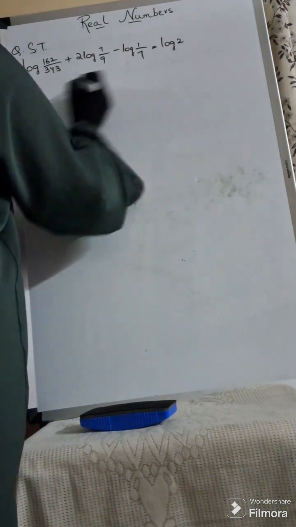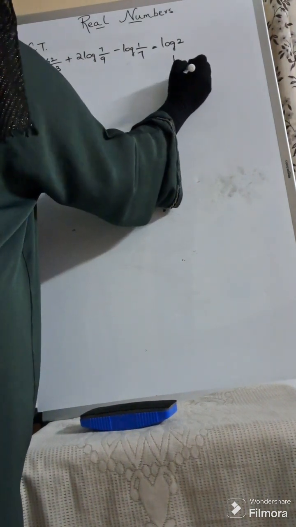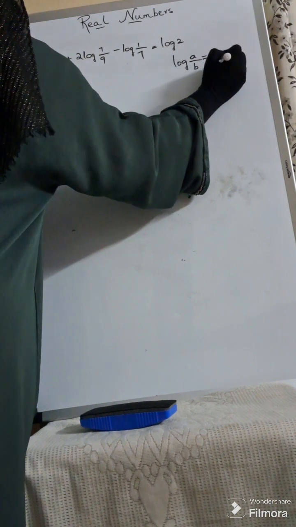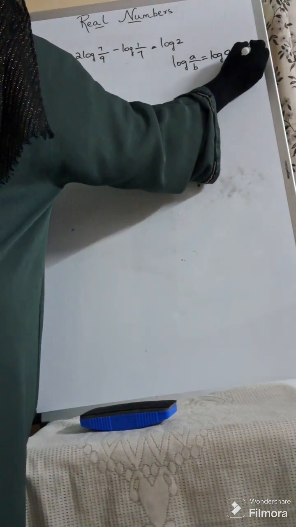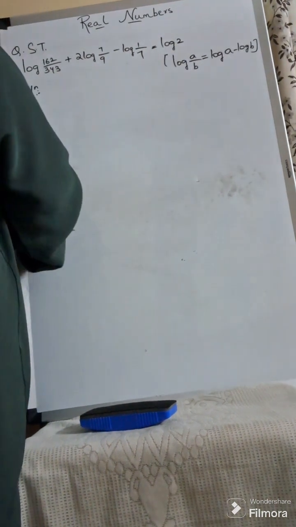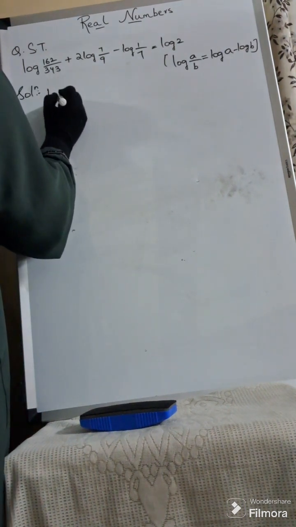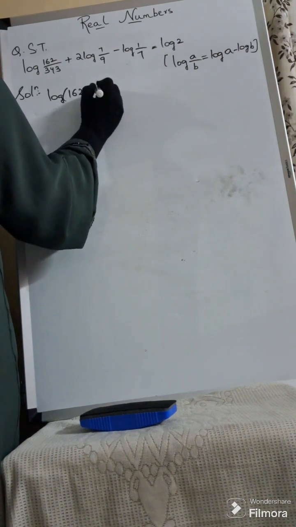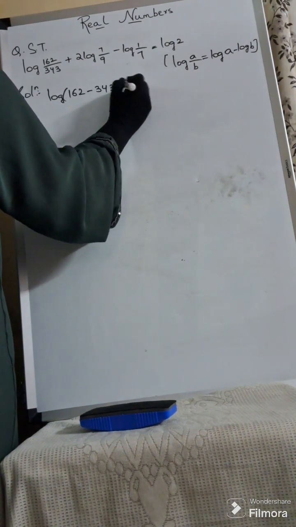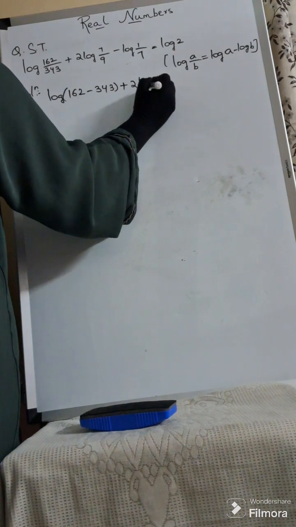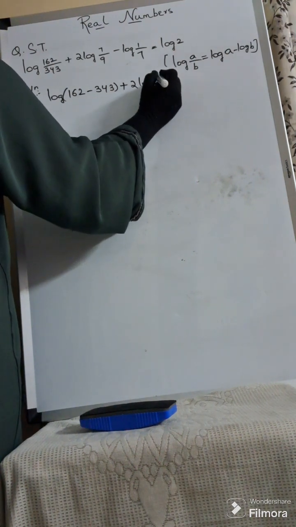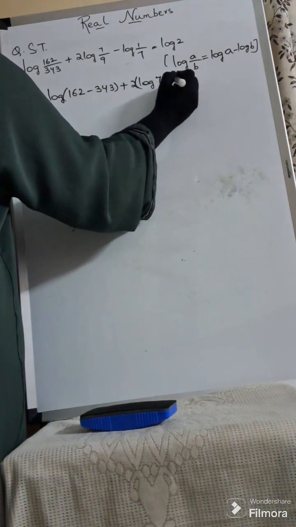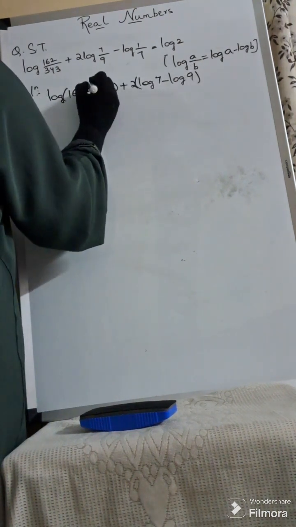since you know the formula log a/b or x/y, anything, is log a minus log b, right? So here log 162/343 will be equal to log 162 minus log 343, plus 2 log 7 minus log 9, here also log.